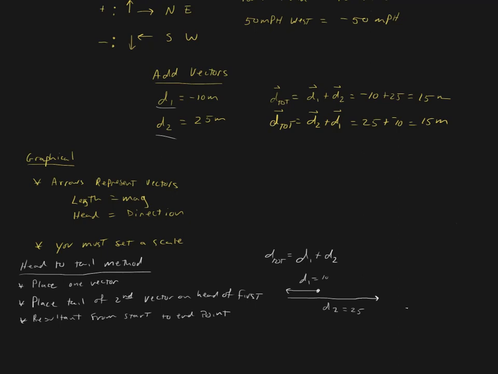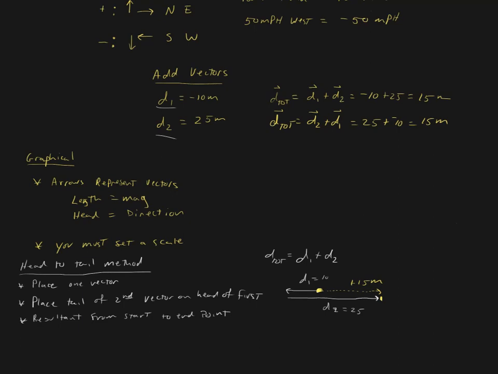So our resultant is this, from the starting point, which is right here, to our ending point, which is right here. And the resultant is going to be plus 15 meters.